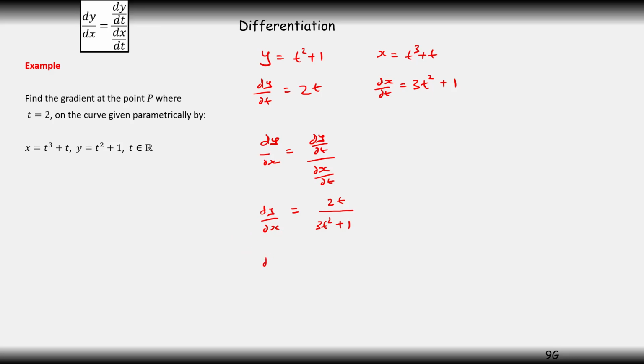So at t equals 2, dy over dx is equal to 2 times 2 all over 3 times 2 squared plus 1. And so that gives us 4 over 12 plus 1, or 4 over 13. So that's our gradient at t equals 2. So I think you want to hit pause, copy the example down, and when you're done hit play and we'll look at another example.